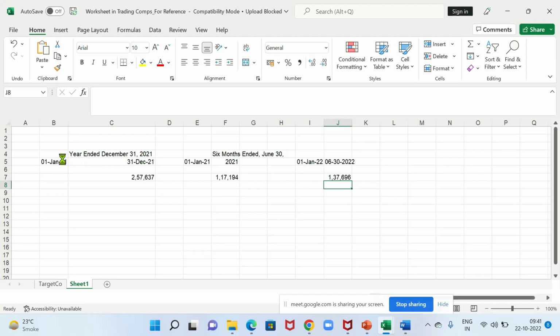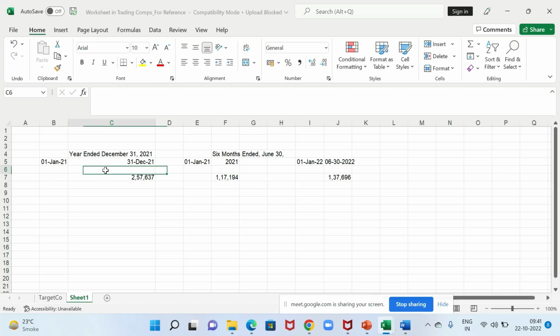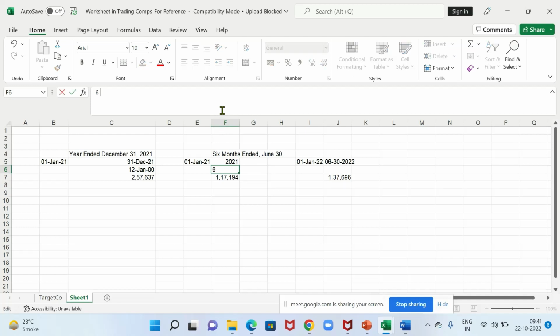See, 1st Jan 21 to 31st December 21, this is a 12 month period. This is a 6 month period, which is also called first half, H1. I'm assuming that 117 will be a part of this.